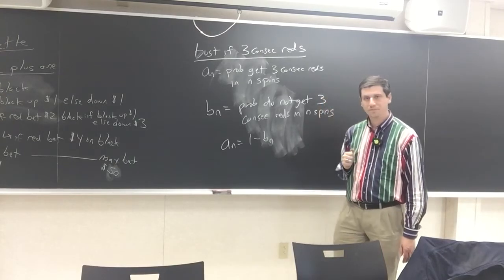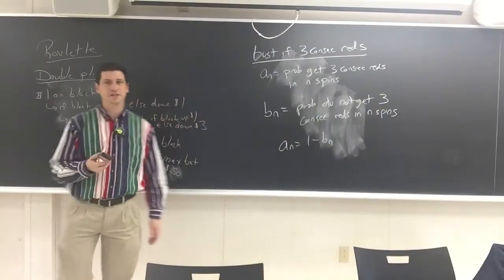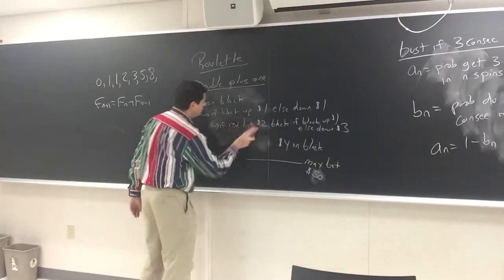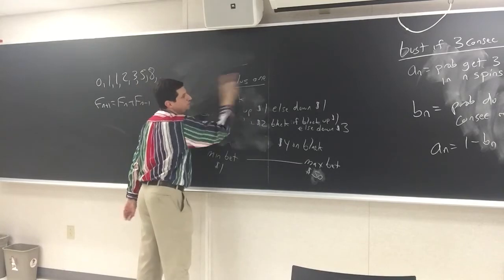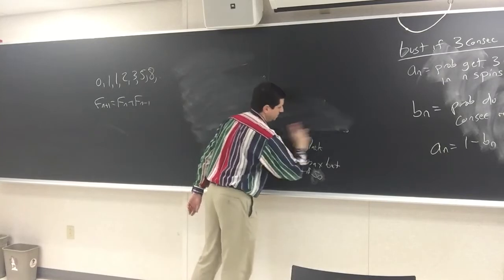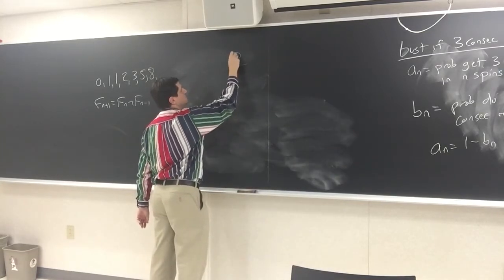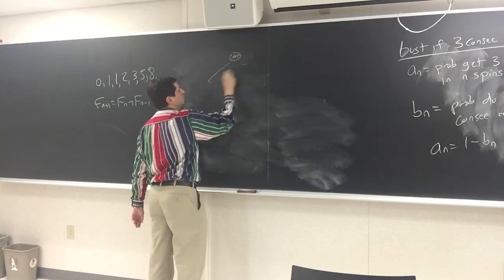Okay, so let's see. I'll come over here to try to keep them on the main part. All right, so let's try to calculate the probability we do not get 3 consecutive reds in n spins. So here's our start. We bet $1.